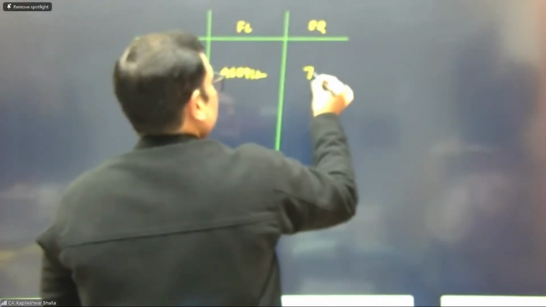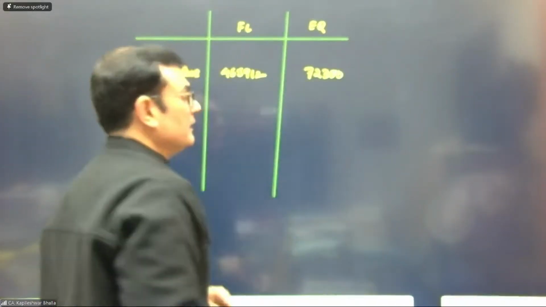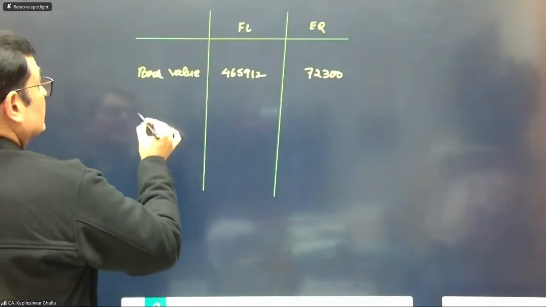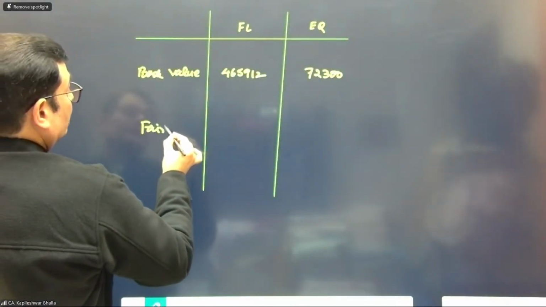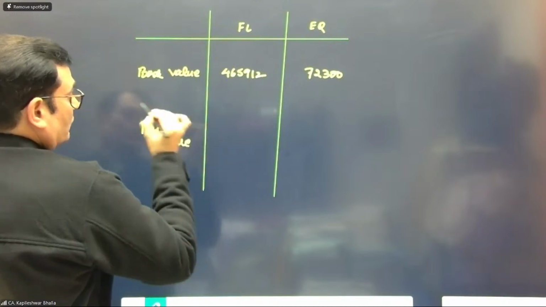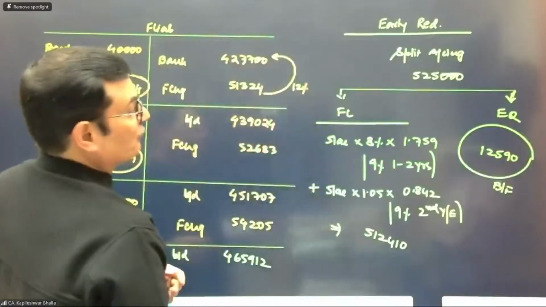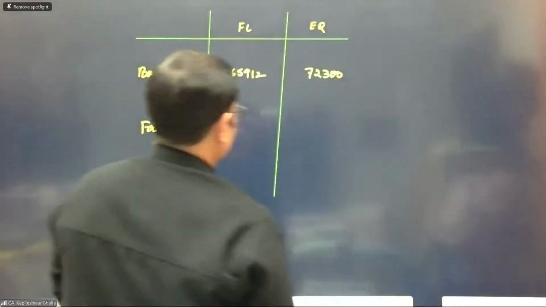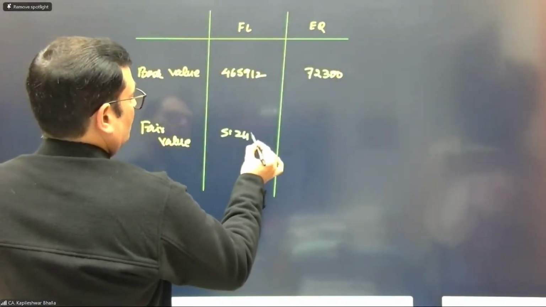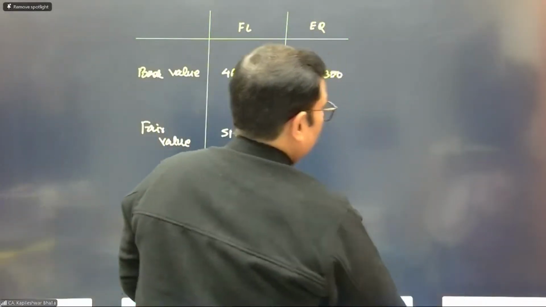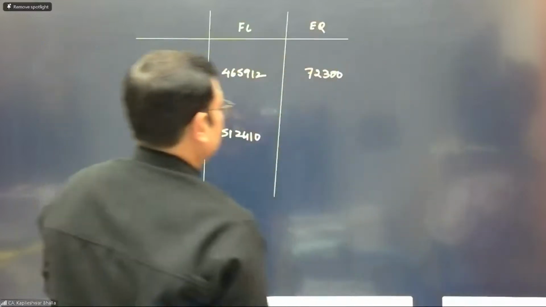This is the book value of the equity component, which means you made a ledger account for a period of 3 years. So you already have the FL book value, and the equity component remains the same, as identified at inception. Now see the fair value split we have done of the offer price: 512,410 and 12,590.